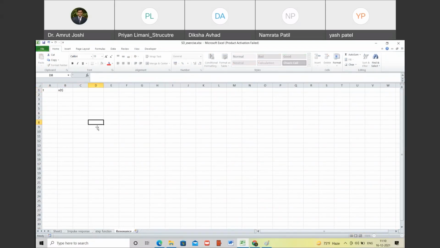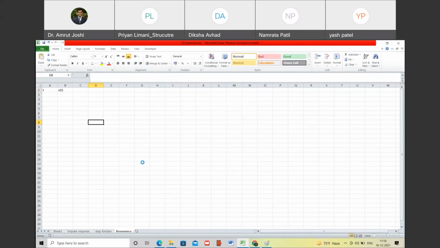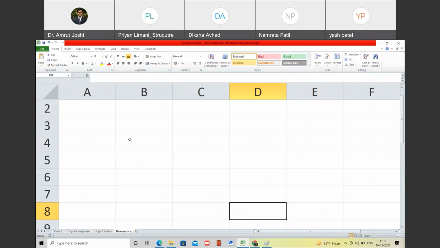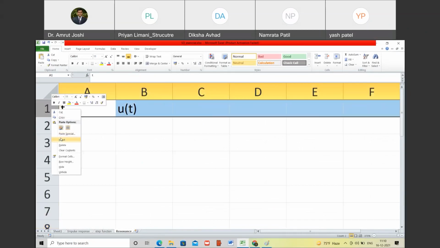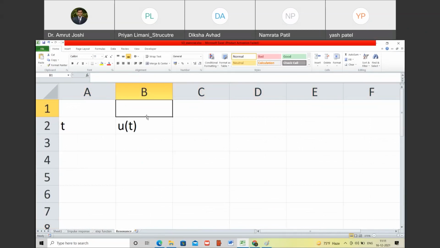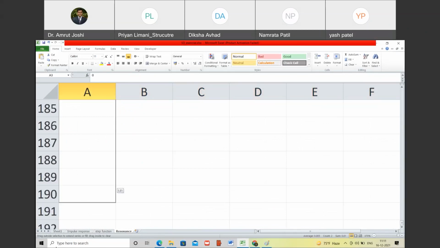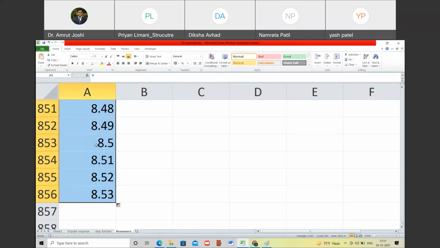But this is when eta is equal to 0. Undamped case. So standard procedure: 0, then 0.01. We will plot the response up to 7 or 8 seconds. Fine.